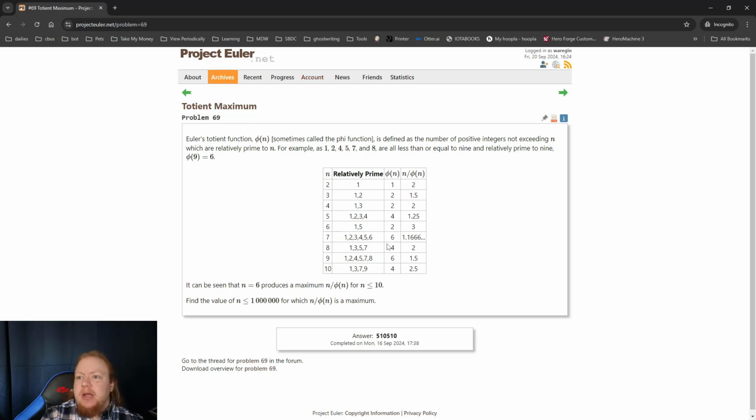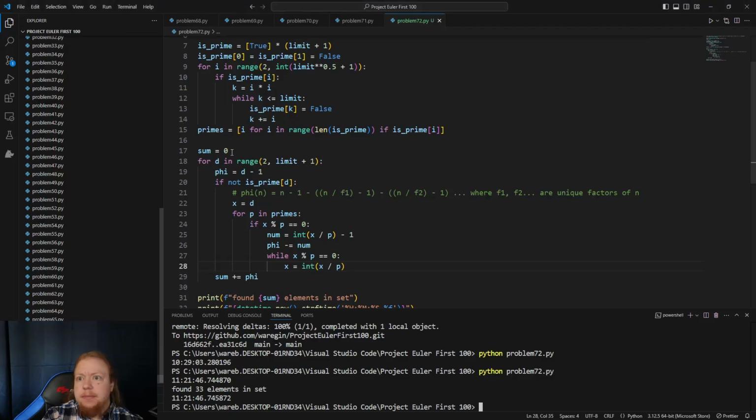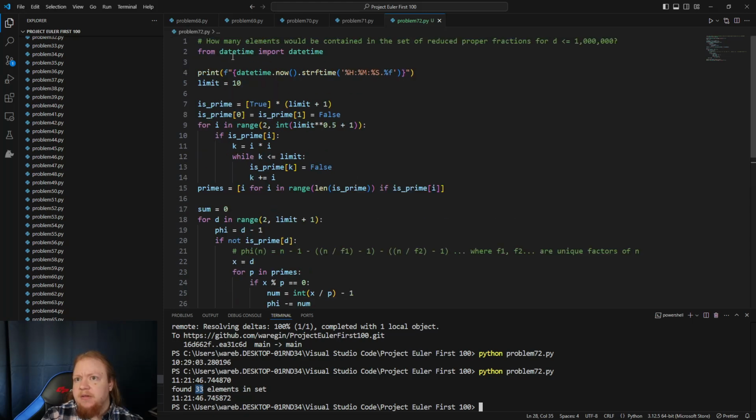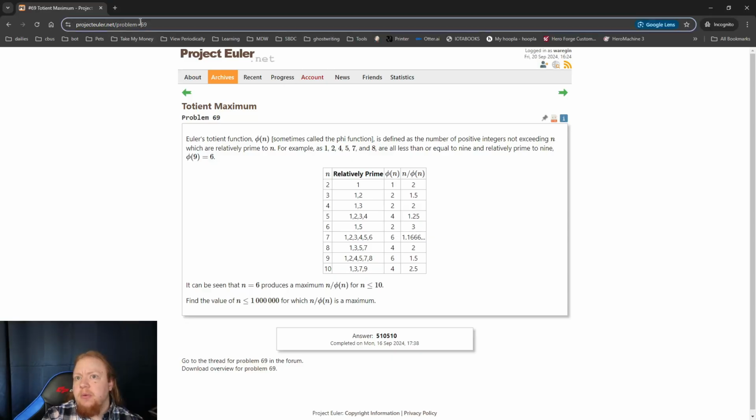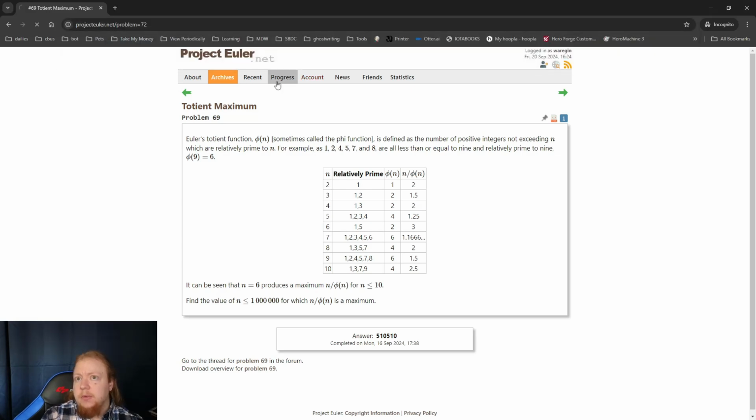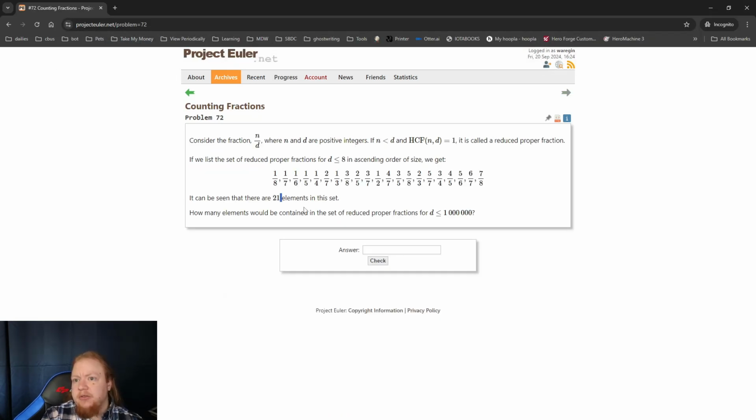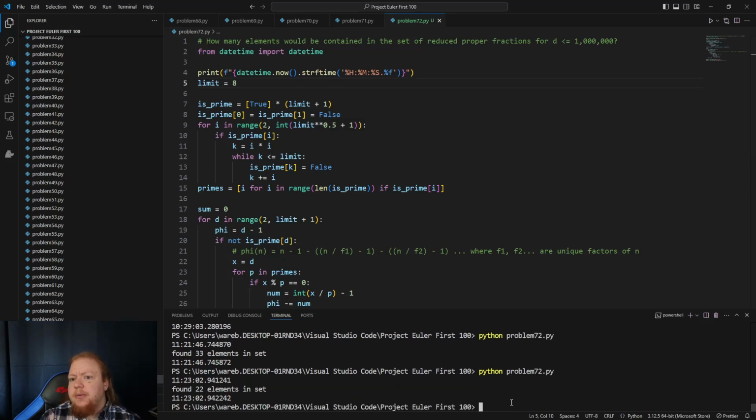Okay, so my hypothesis was that if we do this for a limit of 10, we should find 33 elements. Let's do it for a limit of 8 and see if we're close to the actual answer of 21. Okay, so we have an off by 1 error somewhere.